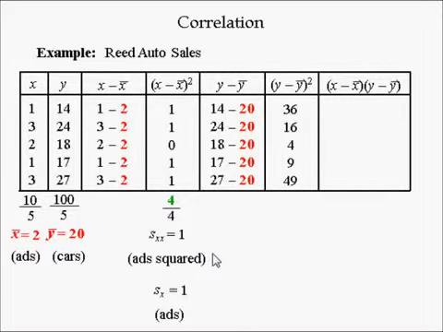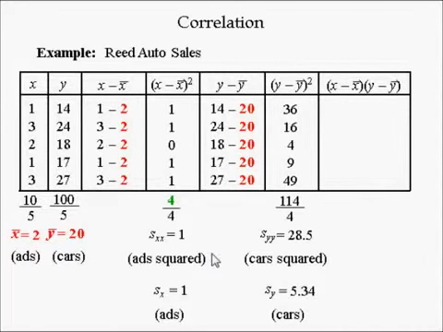The sum of the y squared deviations yields 114. Dividing this by the degrees of freedom, 5 minus 1, yields a sample variance of y, which equals 28.5 squared cars. The square root of this is the sample standard deviation of y, which is equal to 5.34 cars.